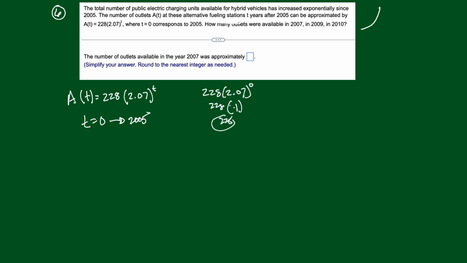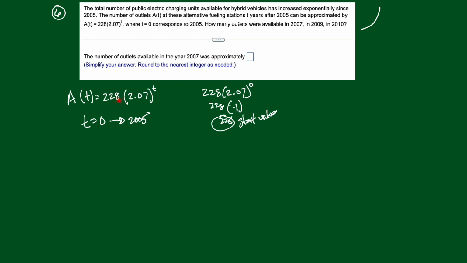So this number right here, that 228, that's our start value. What's nice about exponential functions is that any number out in front like this, any multiplier out in front, not in the parentheses and not being raised to the power, that's going to be your start value. So in 2005, we start with 228.